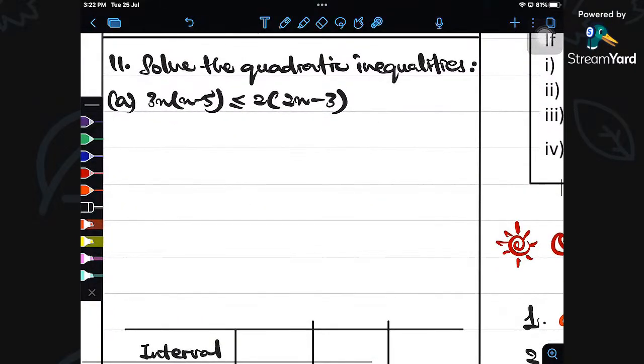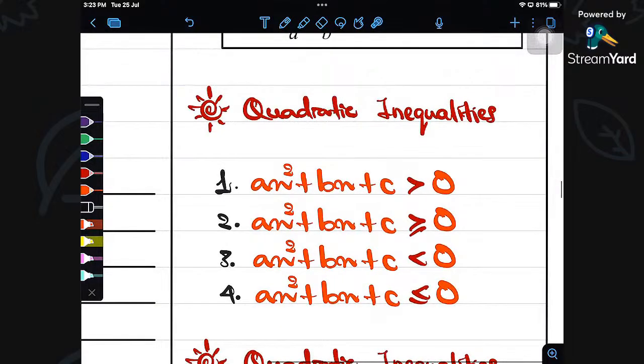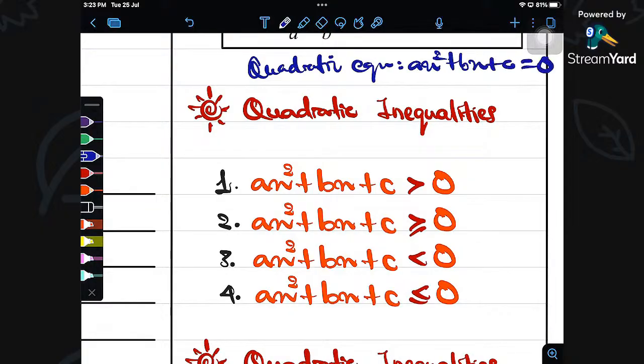So kita dah selesai linear inequalities. Sekarang ni kita nak pergi ke arah quadratic inequalities. So quadratic inequalities, as you know, we have quadratic equation. Quadratic equation adalah ax squared plus bx plus c is equal to 0. This equal sign, because again, this is the problem of equation.